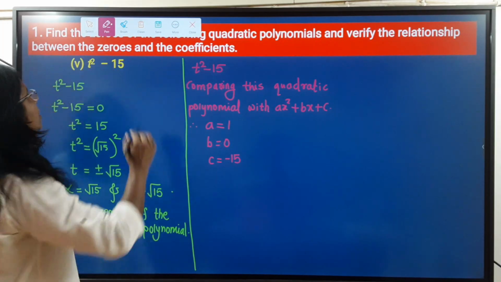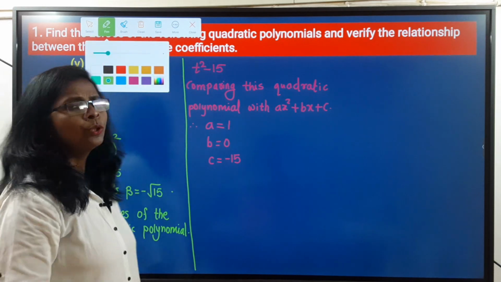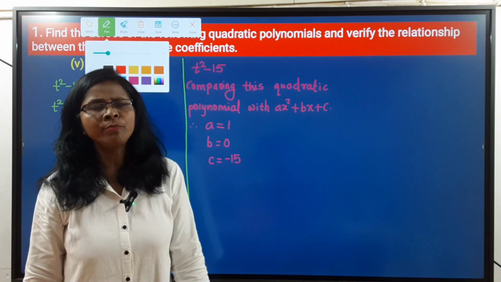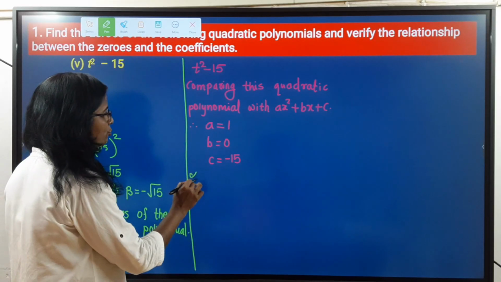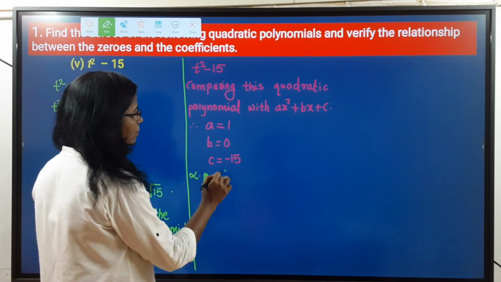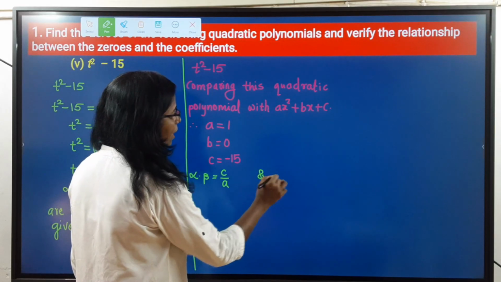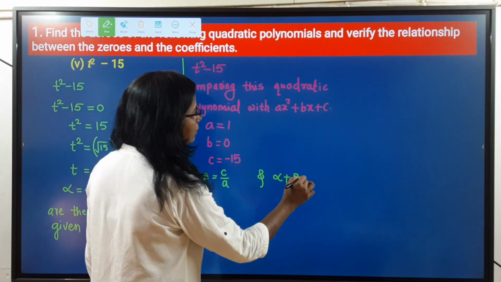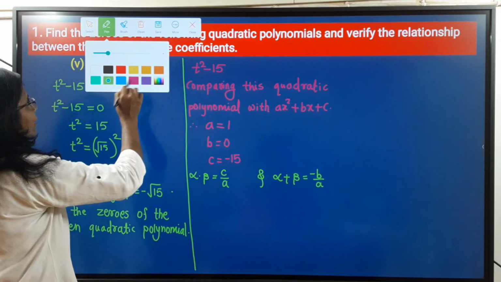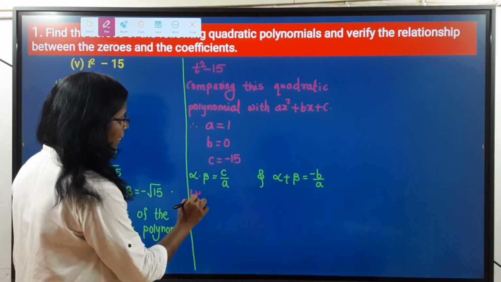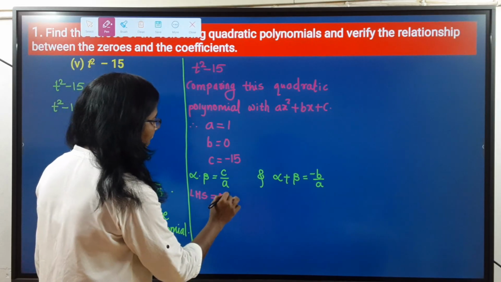Then here, students, next part: we have to verify the relationship between the zeros and the coefficients. That means, students, we have to verify alpha into beta is equal to c upon a and alpha plus beta is equal to minus b upon a. So I write LHS is equal to alpha beta.